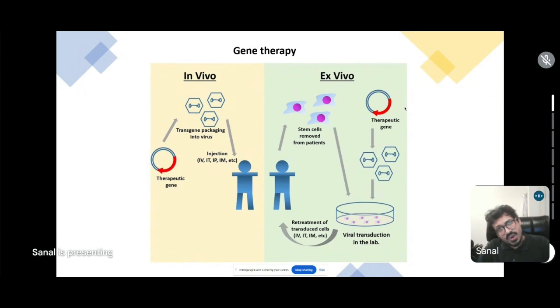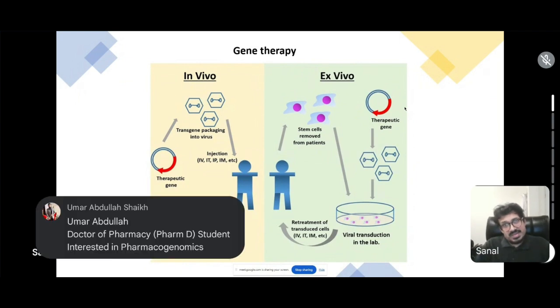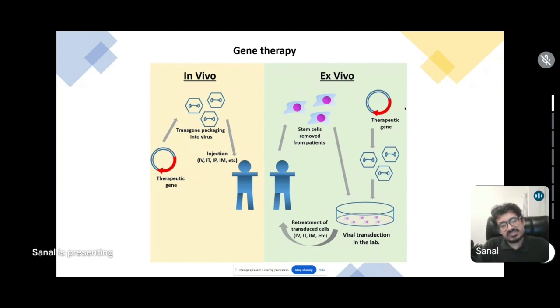Ex vivo gene therapy, on the other hand, is done in a petri dish. You extract cells from the patient, then you can transduce them if you're using a viral vector, or transfect them using lipid nanoparticles or electroporation, or there are several methods.